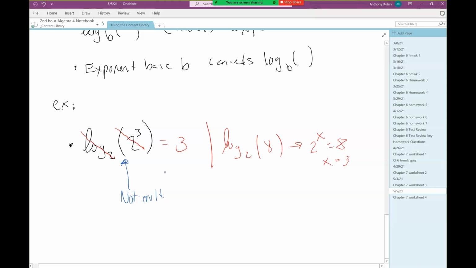Just like sine of 45 isn't sine times 45. Sine isn't a number, it's not a quantity, it's an operation. Log base 2 is not a number or a quantity, it's an operation. It'd be like saying, oh, I'm going to multiply by square root symbol, which doesn't make a lot of sense. Or I'm going to multiply by addition sign. That's a bunch of gobbledygook, right?